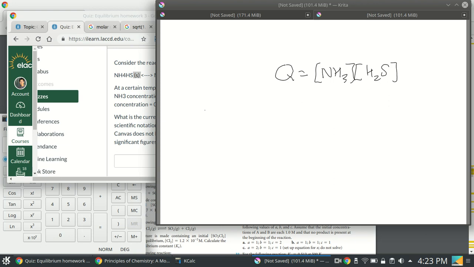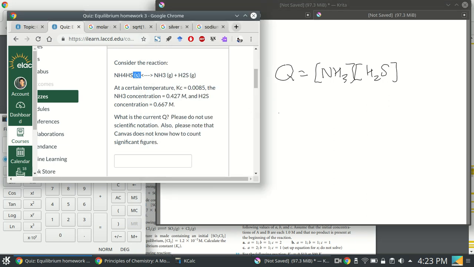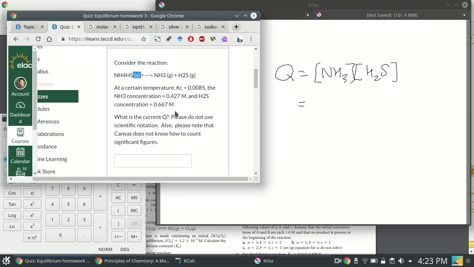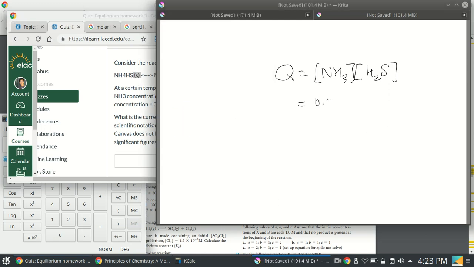Okay, anyways, so Q equals, here I'm going to plug stuff in, 0.427 and 0.667. Those are molar, but nobody cares about the units because there are no units for Q or for K. So what does that equal?